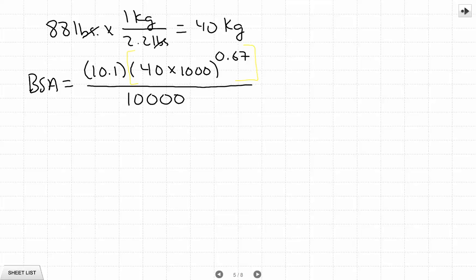So after you multiply by 1,000, raise it to the 0.67 power, then multiply by 10.1, then divide by 10,000 at the end.